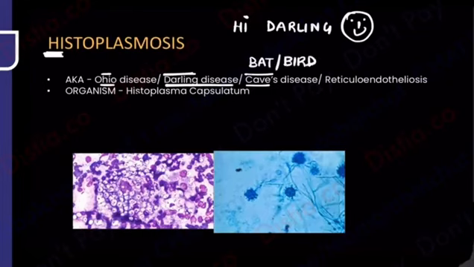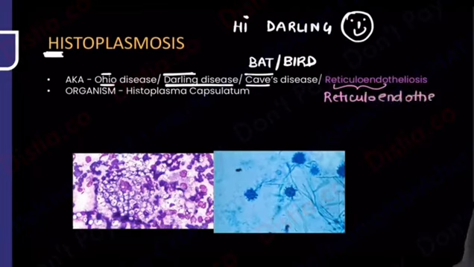Now let me tell you the last but the most frequently asked name. It is known as reticuloendotheliosis. What is the meaning of that? Firstly, what is a reticuloendothelial cell? You might feel that this is a very fancy and new system, but no, it's nothing but macrophages.